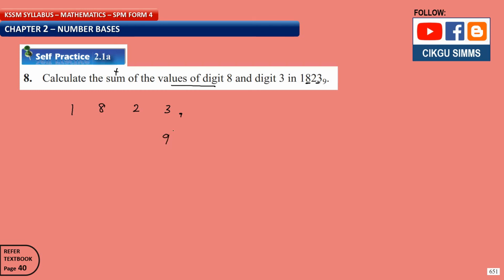So my place value is 0, 1, 2, 3. I am looking for this and this, 8 and 3. So I find the sum of digit values: 8 times 9 to the power of 2 plus 3 times 9 to the power of 0.